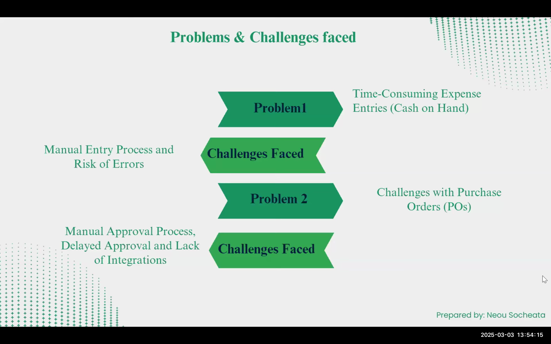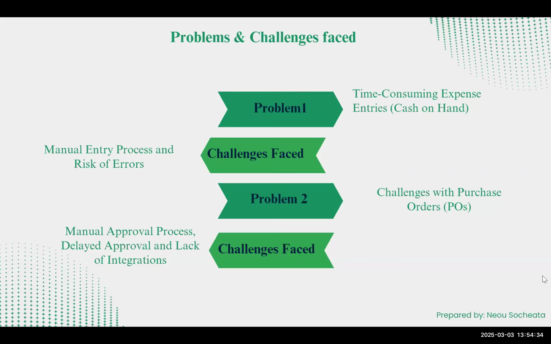Problem two, challenge with purchase orders. Challenge phase, manual approval process. After creating purchase orders in QuickBooks, there is a lot of manual paperwork, email approval outside of QuickBooks, and delayed approval.